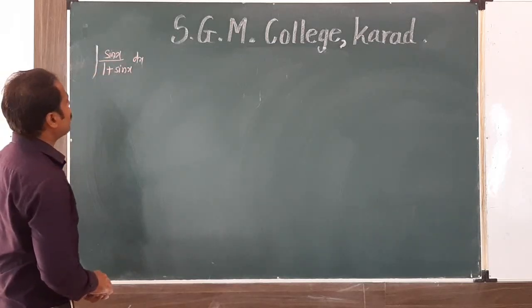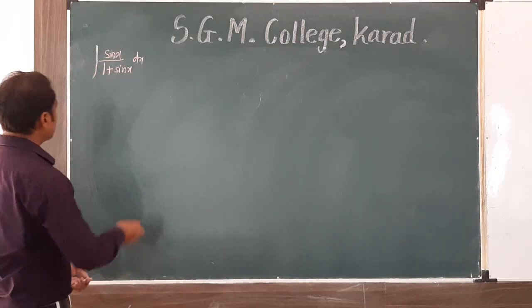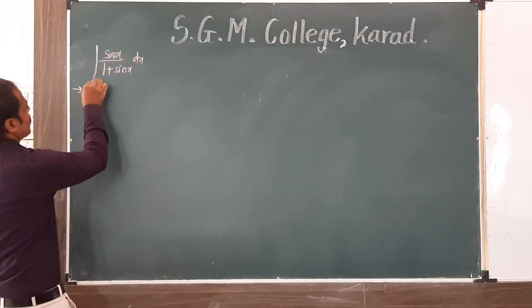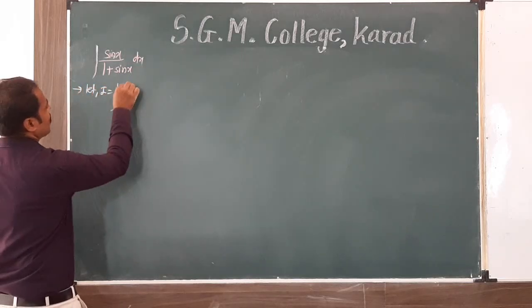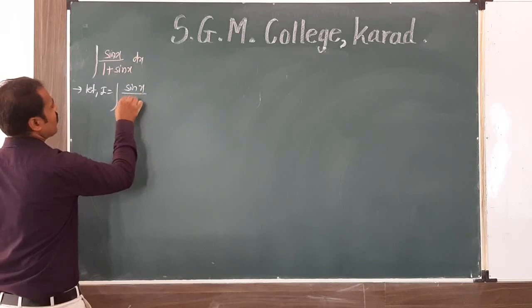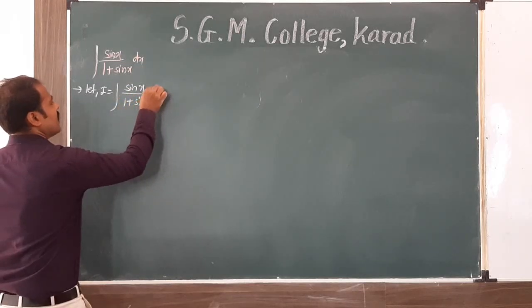Since it is an example of integration, first denote it by I. So let I is equal to integration of sin x divided by 1 plus sin x. Okay. Look at here.